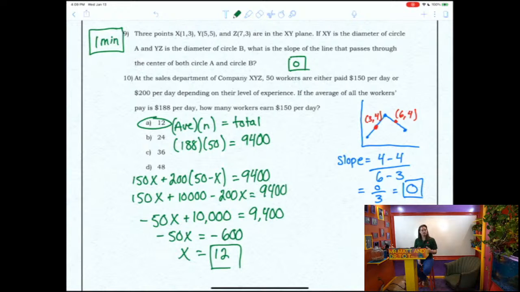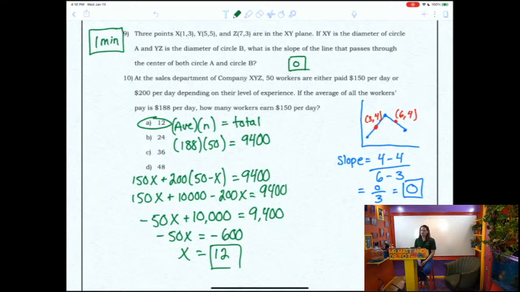If you add them up and divide by 2, you're taking the average of the x coordinates and the average of the y coordinates. So 1 plus 5 is 6, divided by 2 is 3. And then 3 plus 5 is 8, divided by 2 is 4. So the midpoint, or the center of that first circle, circle A, is (3, 4).